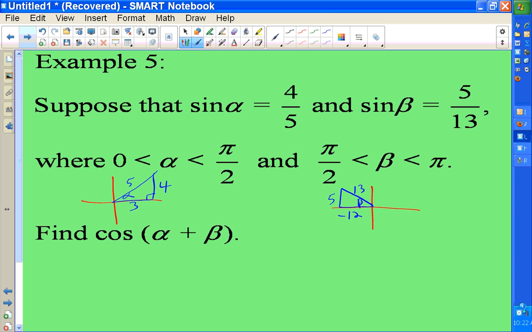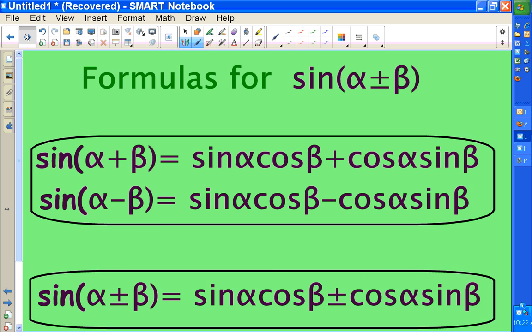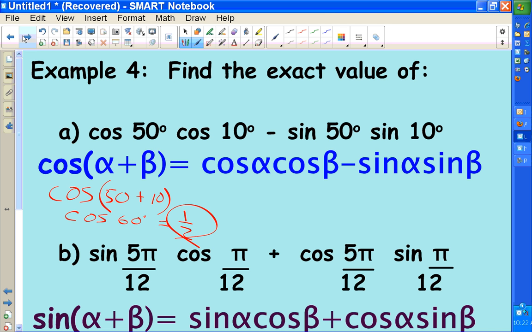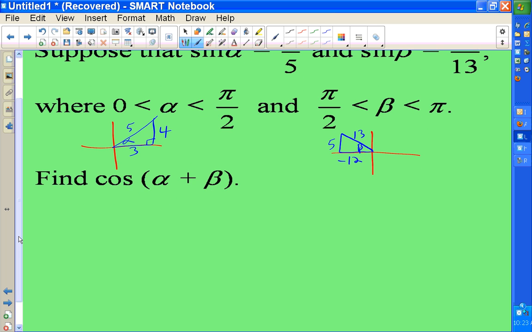So if we're going to do cos alpha plus beta, you got to know your formula. Again, cos alpha plus beta is cos minus sine. And as Sean said, they're very similar, but they're not exact.